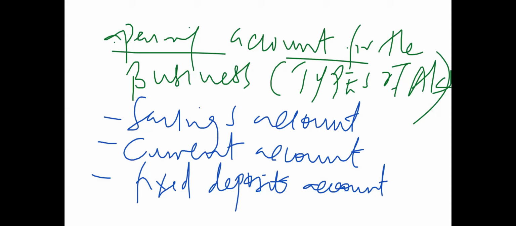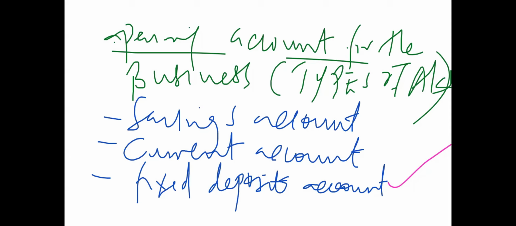Now, if I may start with the fixed deposit account, usually we don't operate it with our business. It's not always operated except when you want to do an investment, because a fixed deposit is where you put money in the bank to accumulate to a given amount.